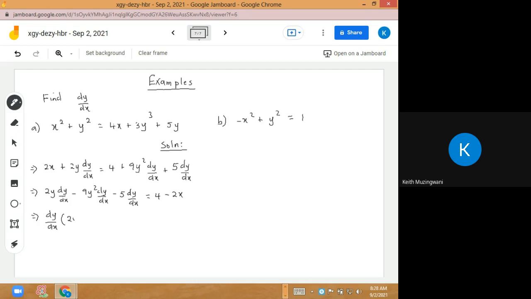You get 2y minus 9y squared minus 5 is equal to 4 minus 2x. This means that dy dx is equal to 4 minus 2x divided by 2y minus 9y squared minus 5.